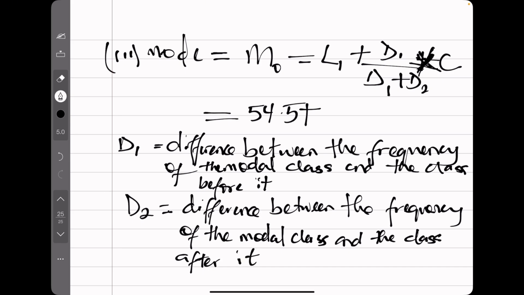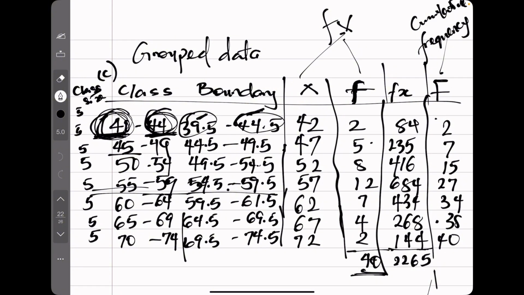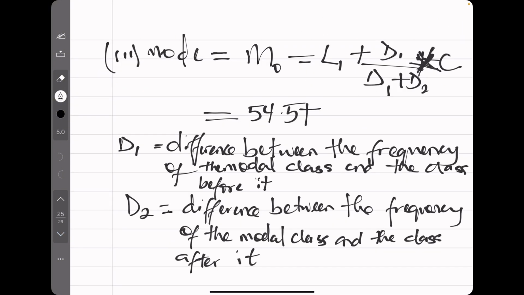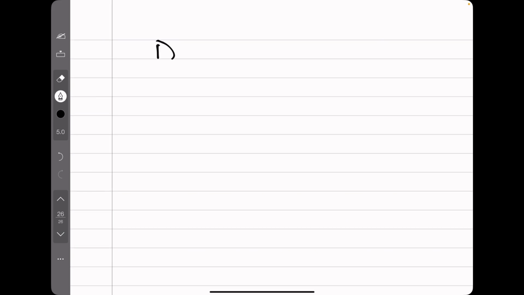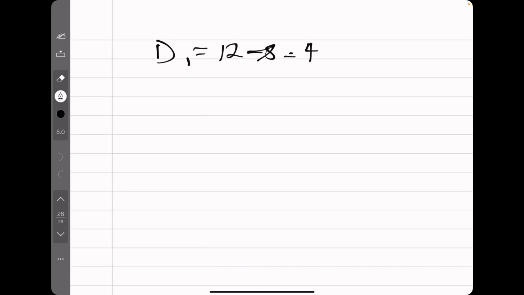So from the table, we can say our D1 is 12 minus 8, which is equal to 4. And we can say our D2 is 12 minus 7, which is equal to 5.